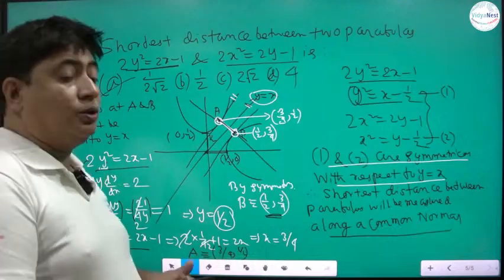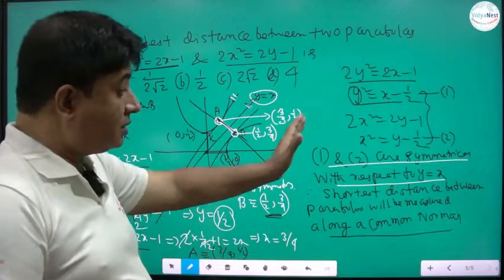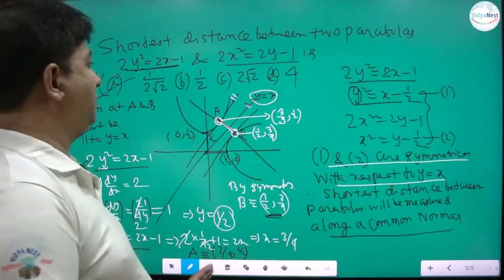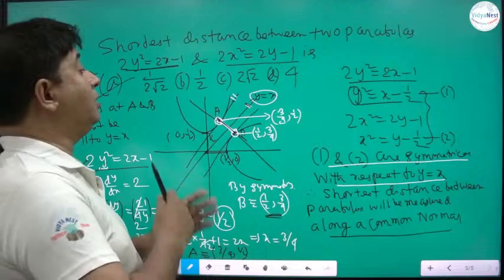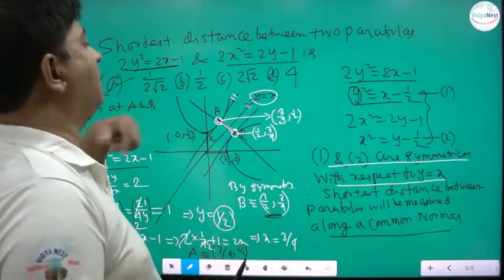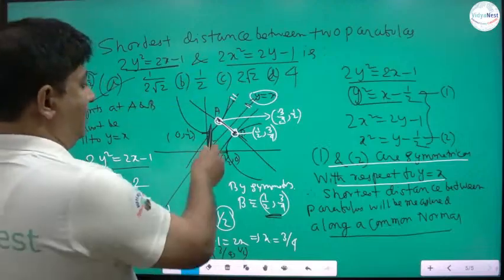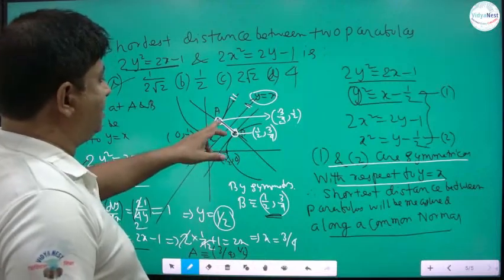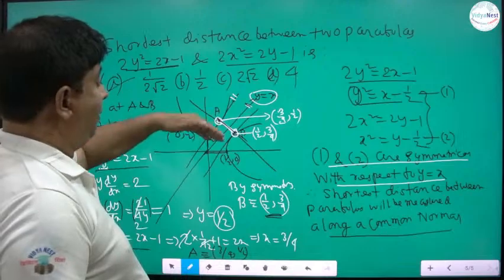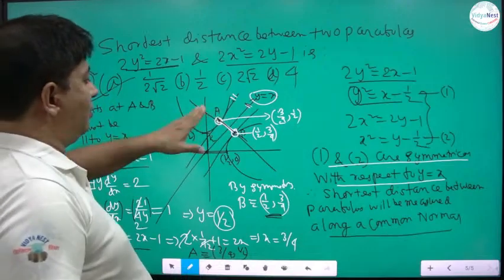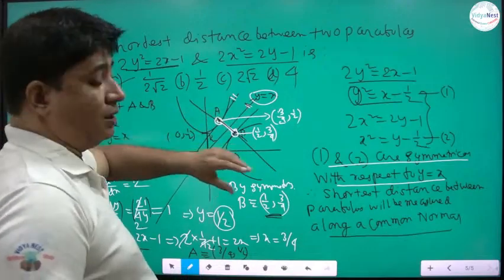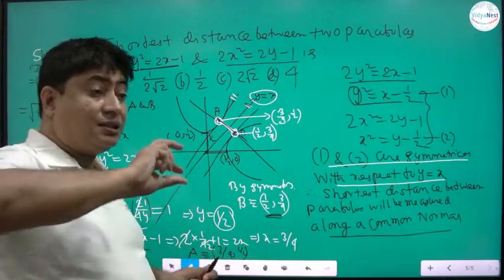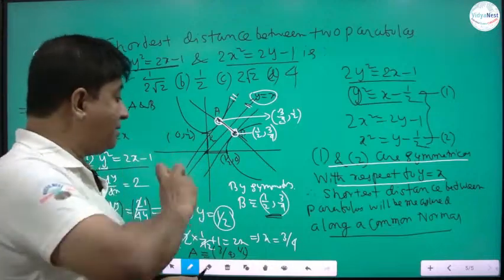Now, those who could not follow this symmetrical concept, they will try again by differentiating this, but don't do. As it is symmetrical with respect to y is equal to x, the point above y is equal to x and below y is equal to x will be just exchanged. The components of the point will just be exchanged.